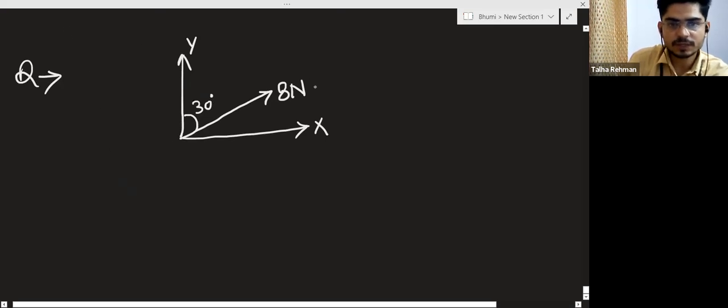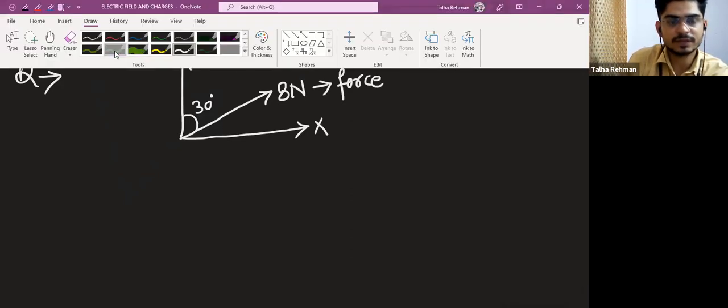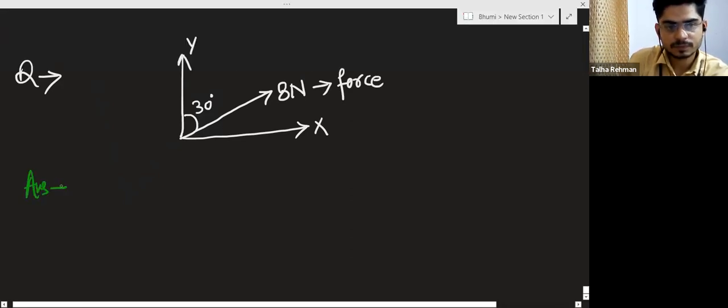Now this is force. Now what is the value of Fx this time? Component of this 8 Newton force along x-axis.